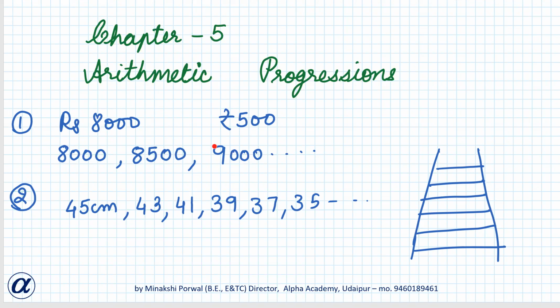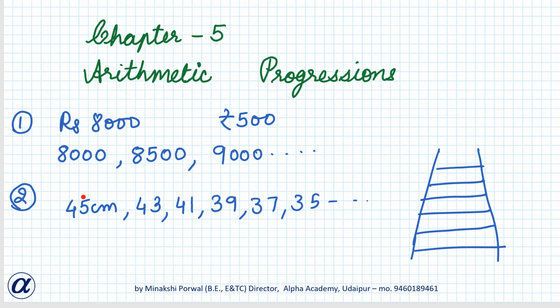So when the second term is the first term plus a common difference, and the third term is the second term plus that common difference, then this type of progression is called arithmetic progression, in which each term is obtained by adding a fixed number to the preceding term except the first term. The first term cannot be obtained by any formula. The first term is fixed. After that every term can be obtained by adding a fixed number.